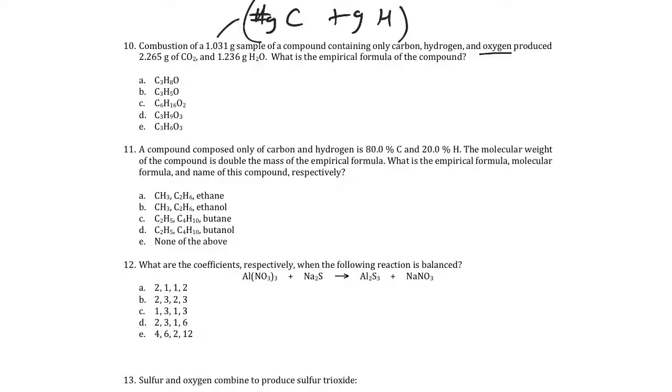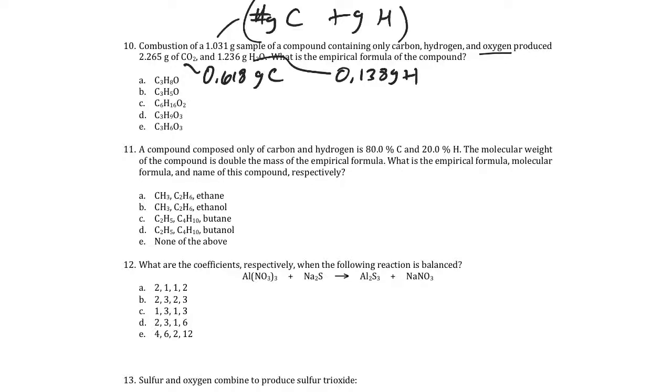And then of that, 44.01 grams of CO2, where 12.01 grams is carbon. So I'm just going to multiply by 12.01 divided by 44.01. That's just the percent carbon in CO2. So that's 0.618 grams of carbon, and then the grams of hydrogen in that water, 1.236. Just think, well, the mass percent of hydrogen would be 2.016 grams of hydrogen divided by 18.02 grams of water. So only 0.138 grams of that is the hydrogen.